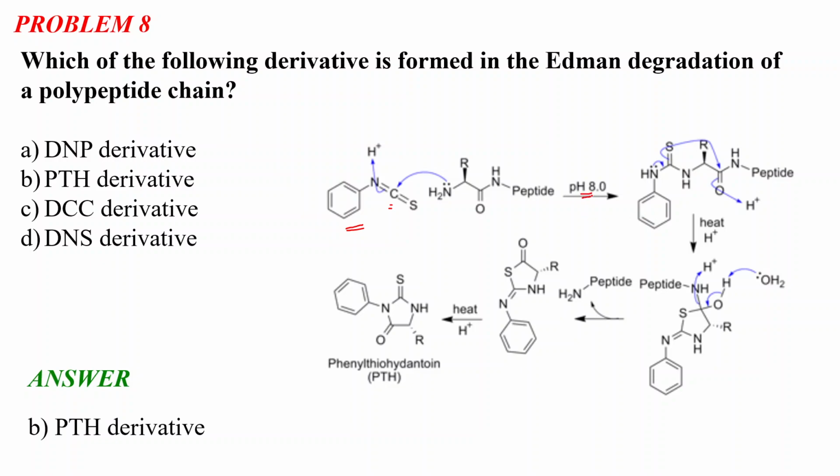You don't need to memorize everything, just remember a few little details of the mechanism. And after this, we get this kind of derivative, which is called the phenyl thiohydantoin derivative. If somebody knows the structure of hydantoin, it looks like this.